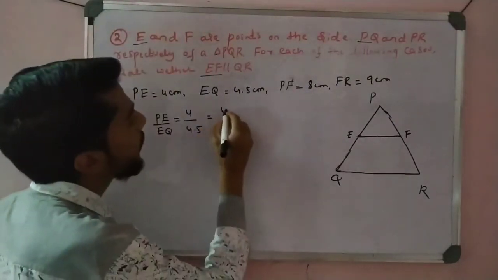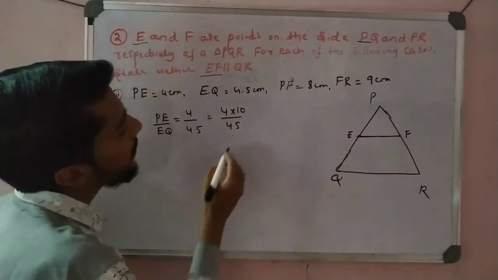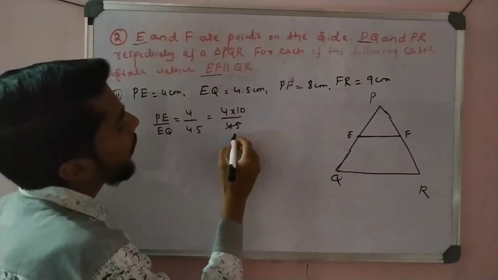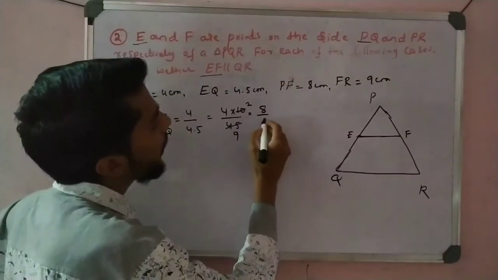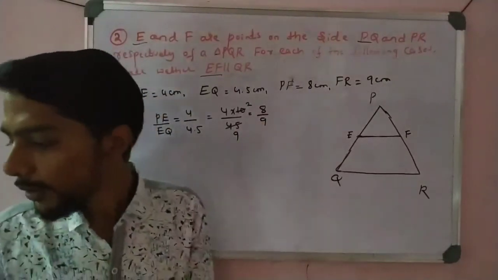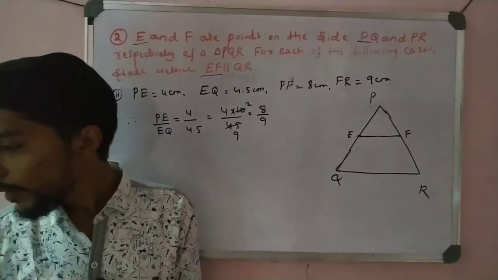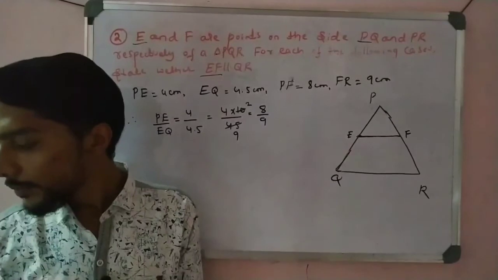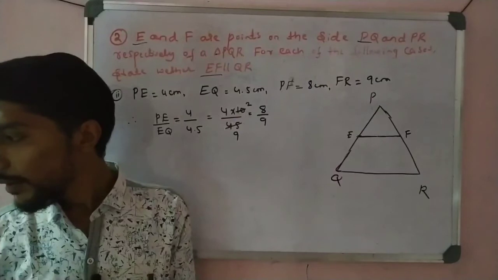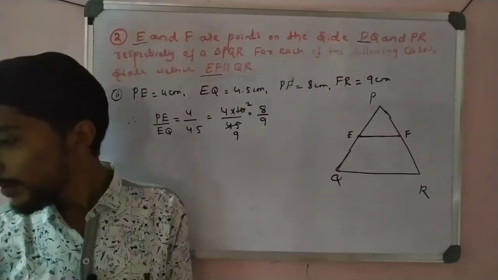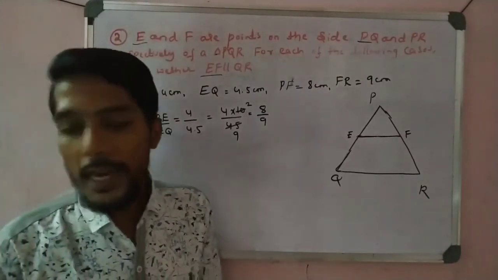I can make it 4 into 10 over 45, removing the decimal. Cancelling, it is 8 by 9. So PE by EQ is 8 by 9.